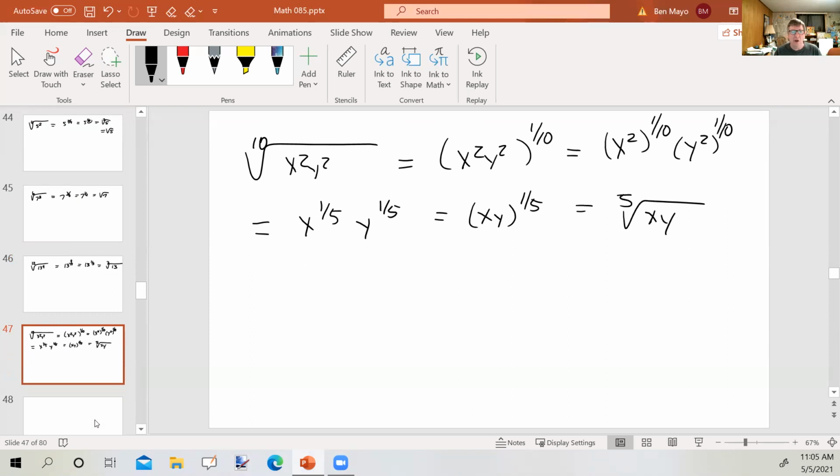That seems like such a long ways to go. Eventually, we'll be learning some more rules that will make that process easier, but we're not there yet.